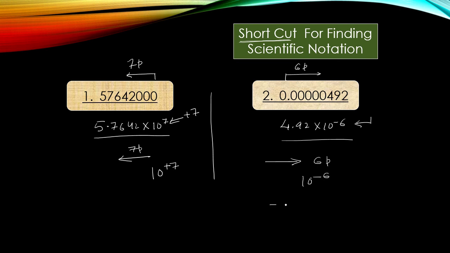Decimal shifting towards right side n places, so index of the 10 must be minus n. If the decimal is shifting towards left side n places, so index of the 10 must be plus n. That is the shortcut of changing a very big or very small numbers in their scientific notation.